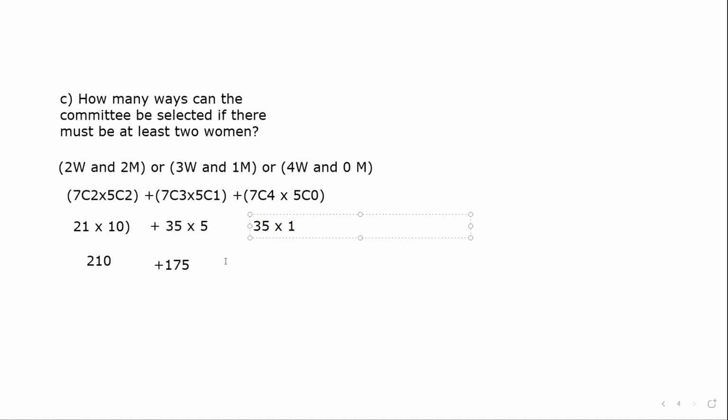So this is another 35. And if you add it all up, you get 210 plus 175 is 385, plus 35, so that's 420 ways to get at least 2 women, okay?